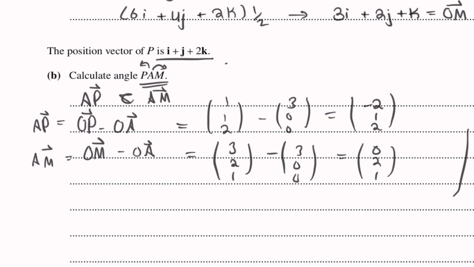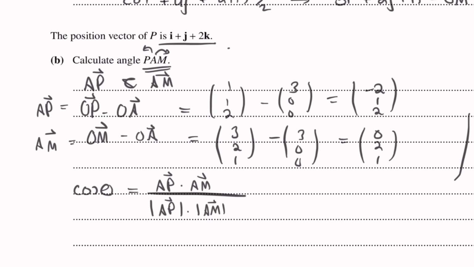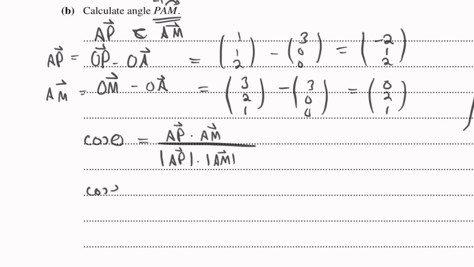So now if we want to find the angle between them, then we have to know that the rule says cosine theta equals the dot product between AP and AM divided by the magnitude of AP times the magnitude of AM. So let's figure out the dot product.